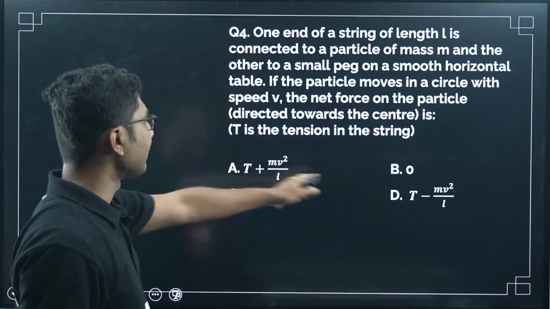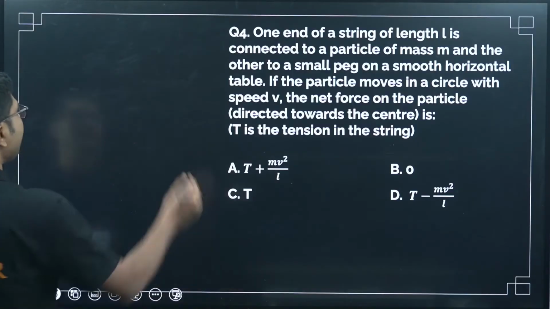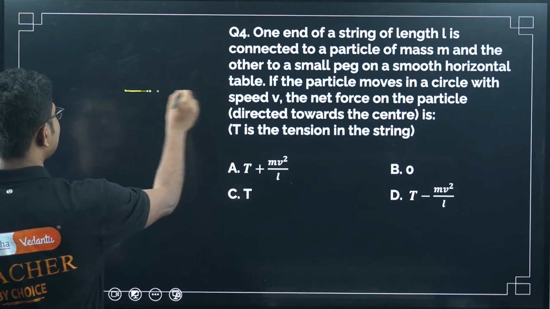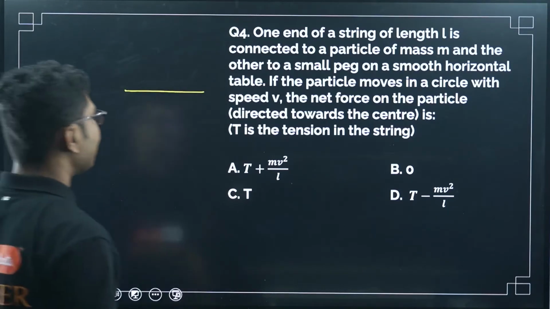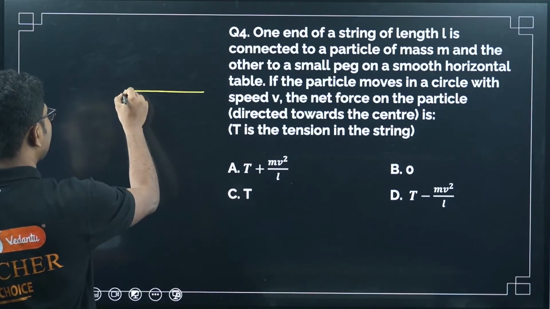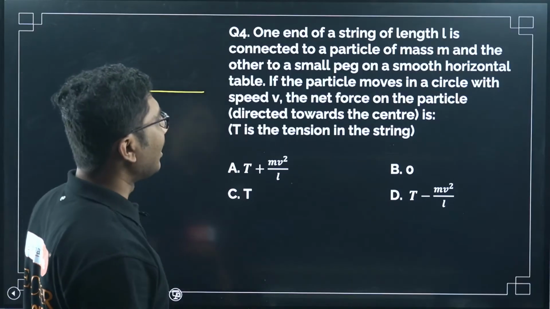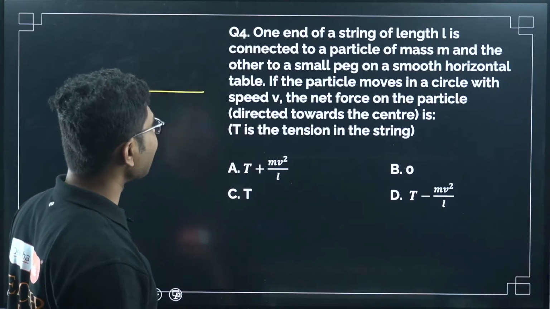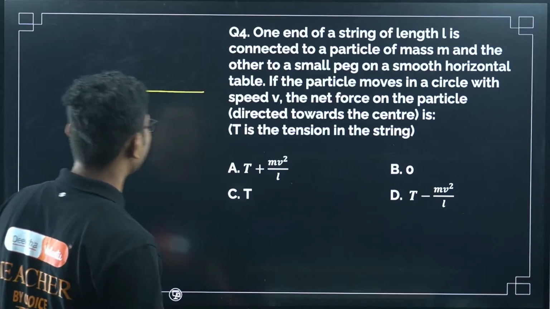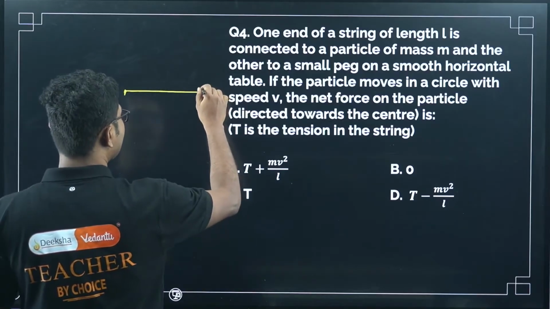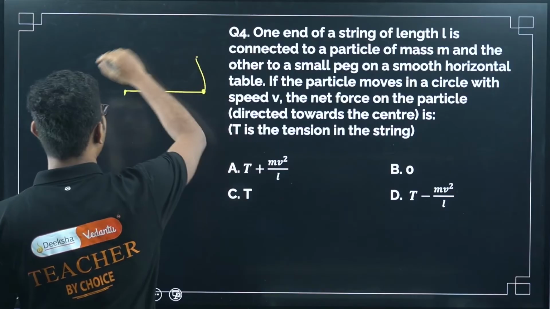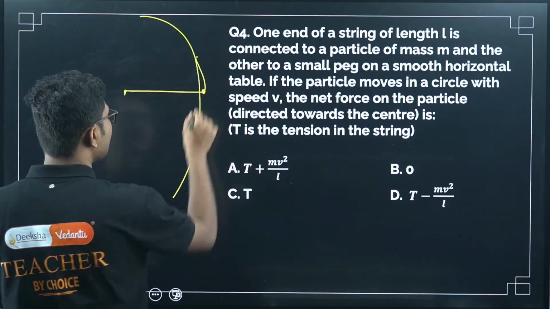So there are different cases. One string is tied at the center of the table, a smooth horizontal table, and the particle moves in a circle with the speed v.